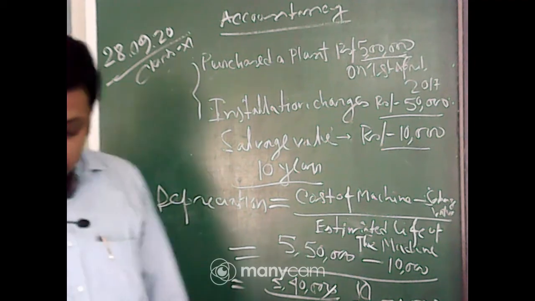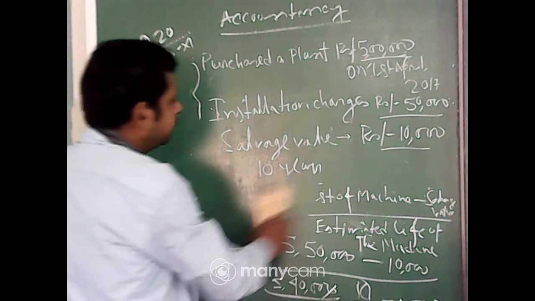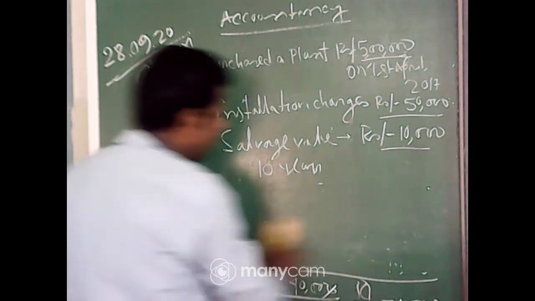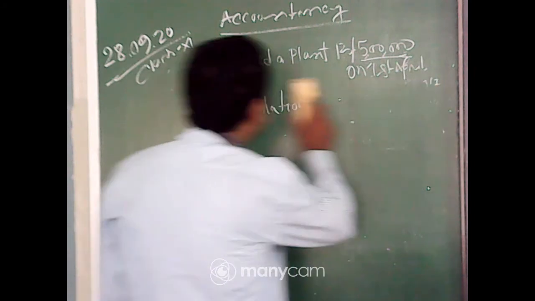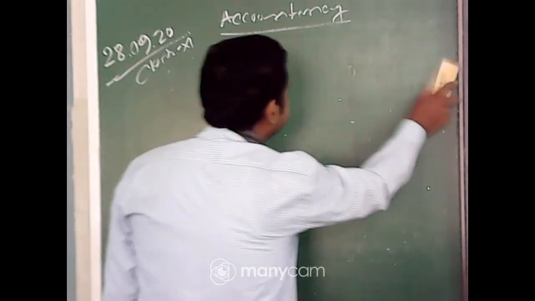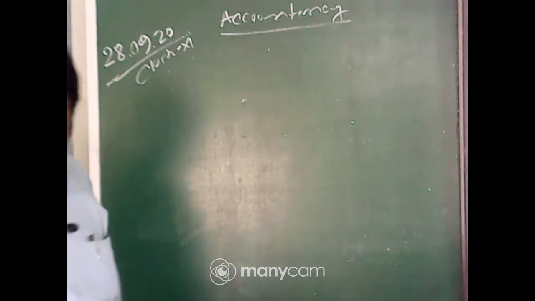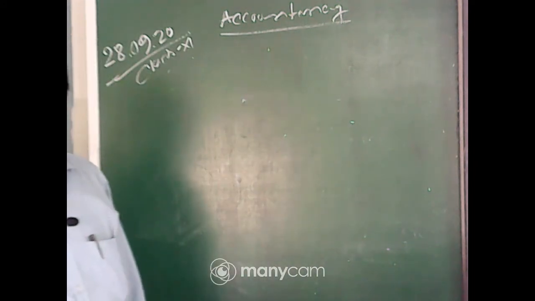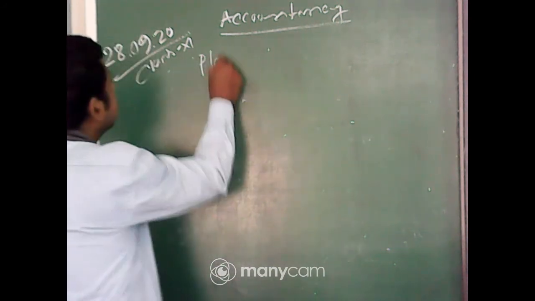Okay. Now we will do the journal. The first journal: when we purchase the machine, what will be the journal? Here machine means plant. So plant account debit to bank.